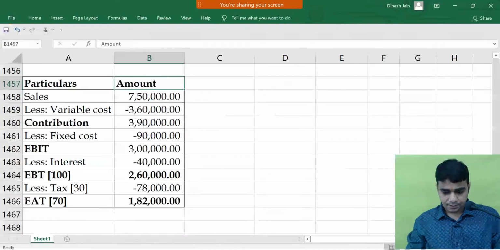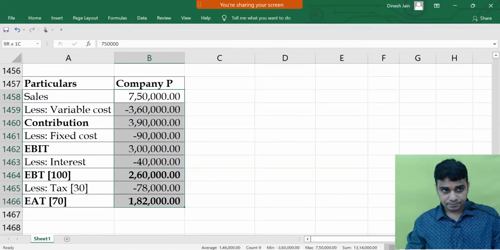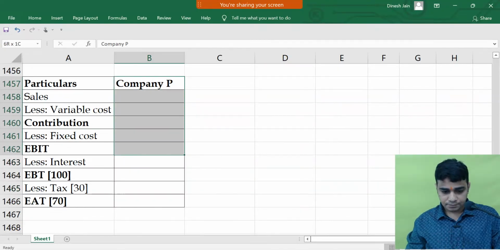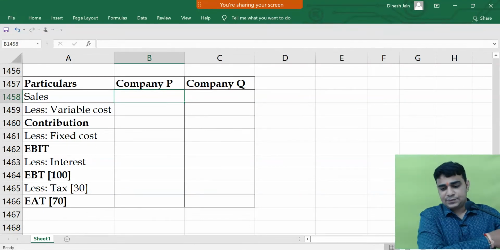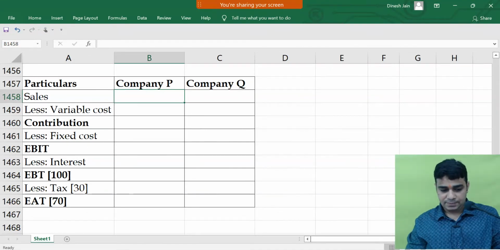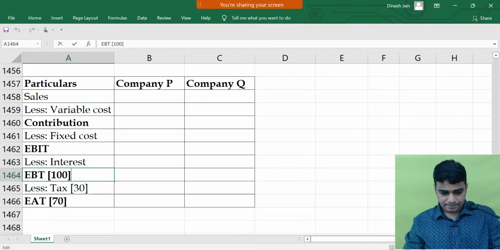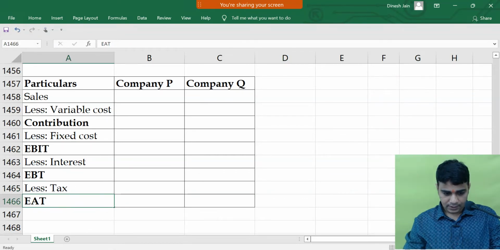Particulars, company P and company Q. Sales less variable cost, contribution less fixed cost, EBIT less interest, EBT less tax and EAT.